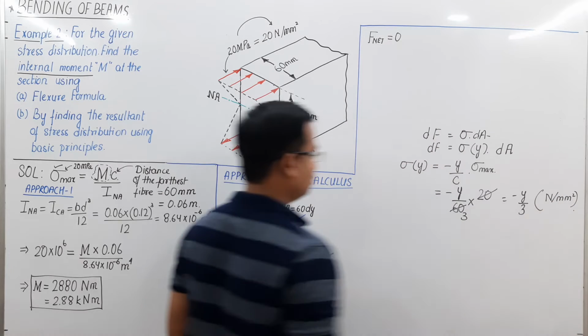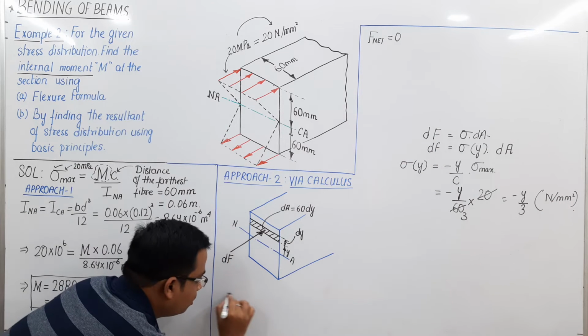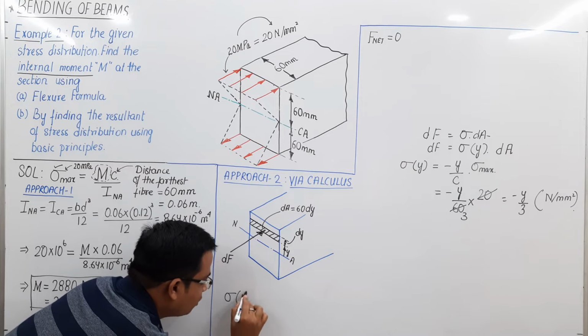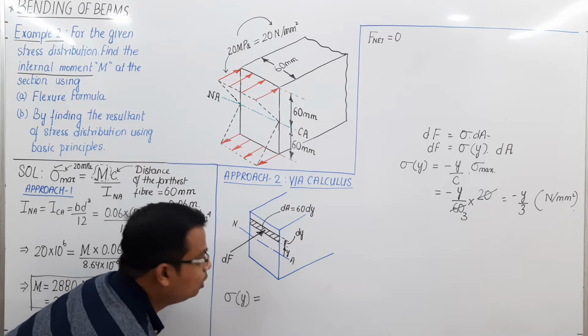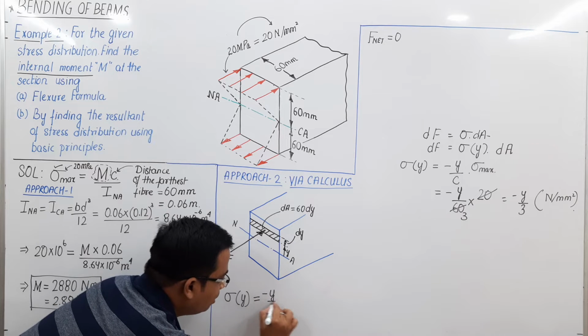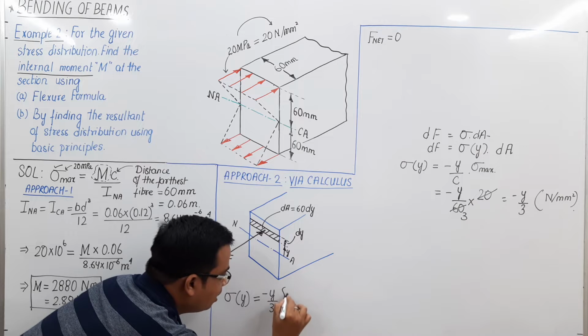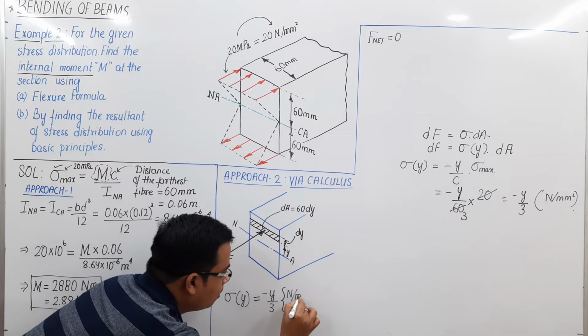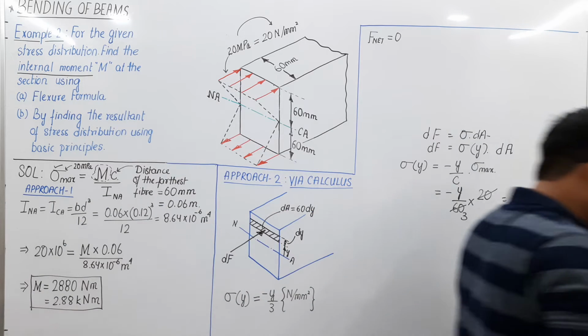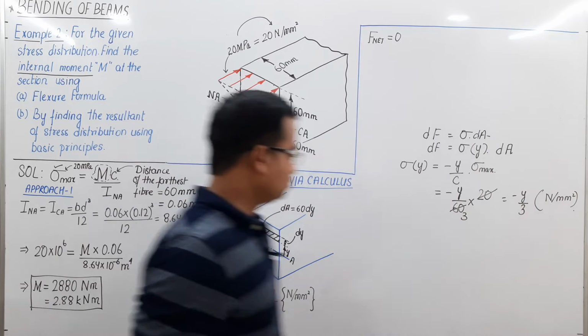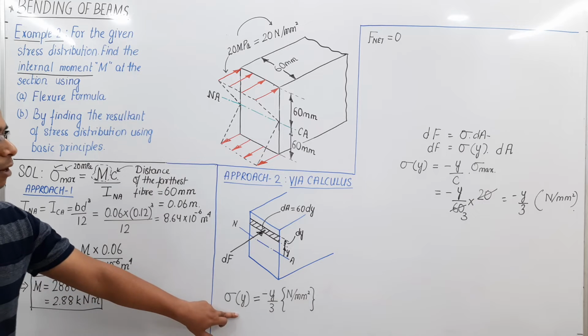Let me clarify this, so I'm going to write it over here. Sigma at a distance y from the neutral axis will be equal to minus y by 3, and the unit is obviously Newton per mm square. It's getting a bit lighter. Let me use this. Alright, so that was all about sigma y.